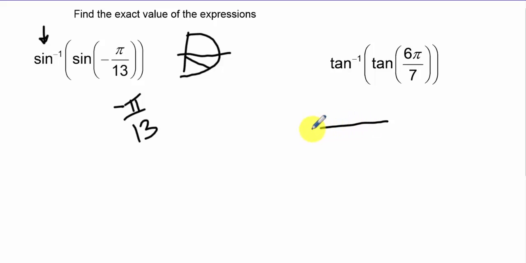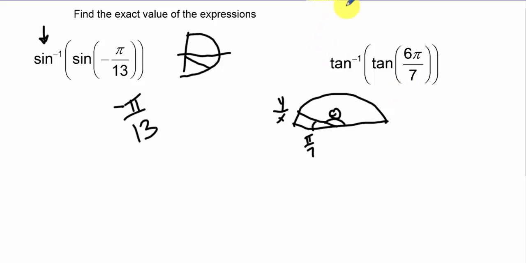But when I come over to this problem, it's going to be a little bit different, and here's why. They're asking me to find the inverse tangent of the tangent of 6 pi over 7, which is somewhere over here. I can't tell you the y over x value of that because it's not a unit circle problem. But they want to know what angle gives me that value. Well, I know there's a reference angle right here of pi over 7. And the problem is I can't state your answer is 6 pi over 7 because I have this implied inverse tangent.